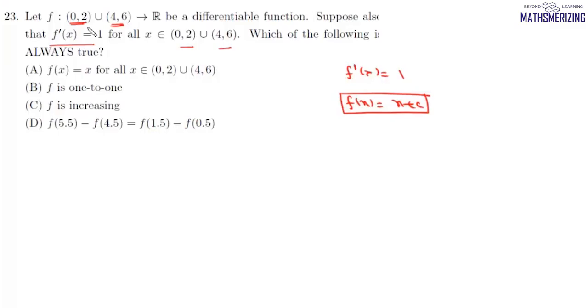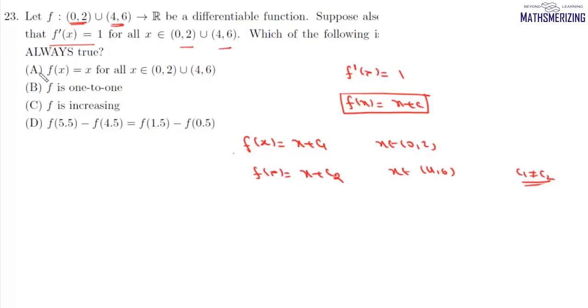It may have one definition in 0 to 2 and another definition in 4 to 6. So this function can be defined as f(x) equals x plus c1 when x belongs to [0, 2], and f(x) equals x plus c2 when x belongs to [4, 6], and it is possible that we may have c1 unequal to c2.